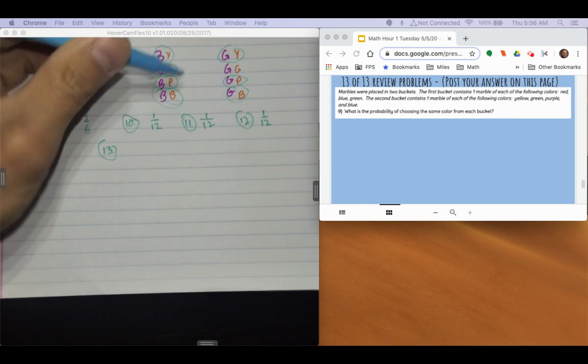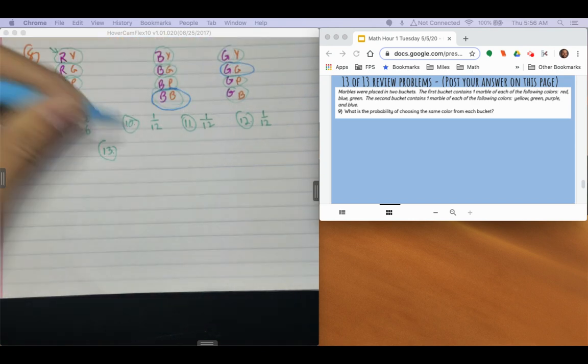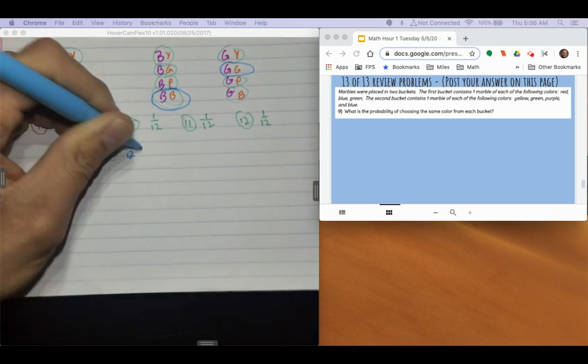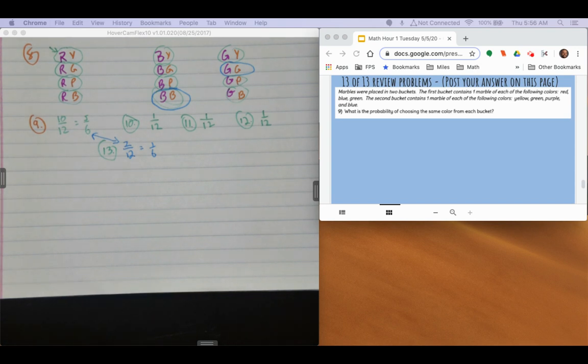So that is 2 out of 12, or 1/6, because that is a complementary event to choosing two unique colors, would be choosing two colors that are the same. And so those add up to a probability of 1. And so that's a complementary event.